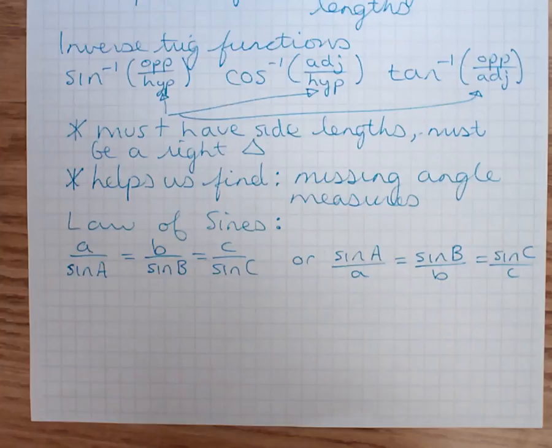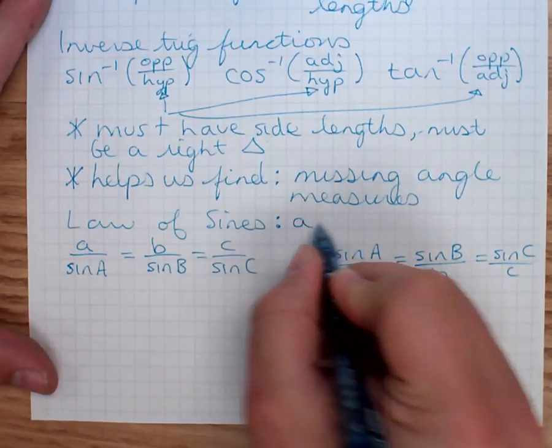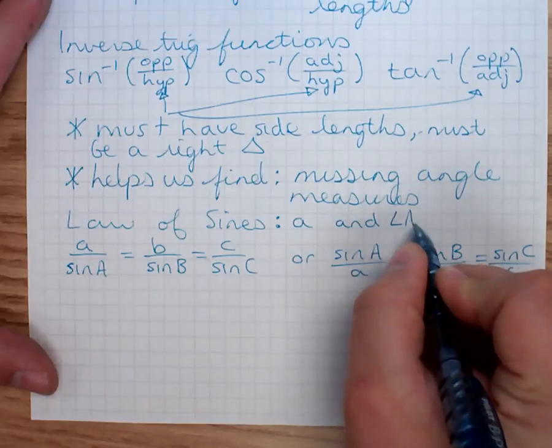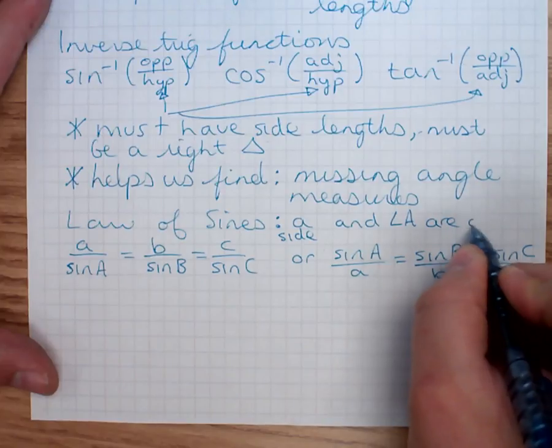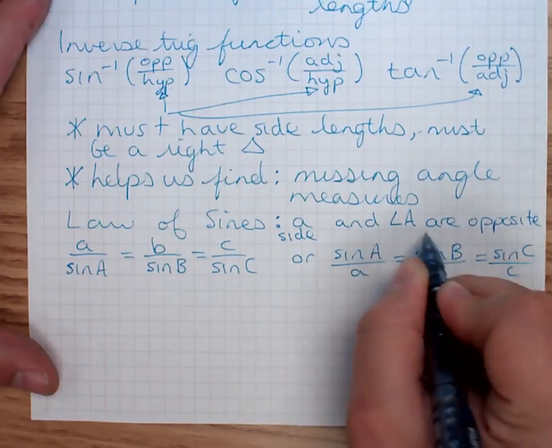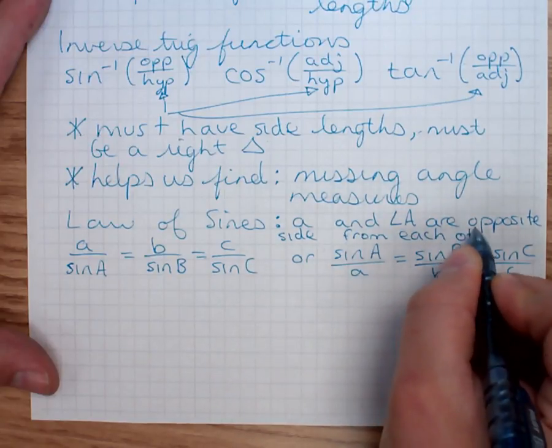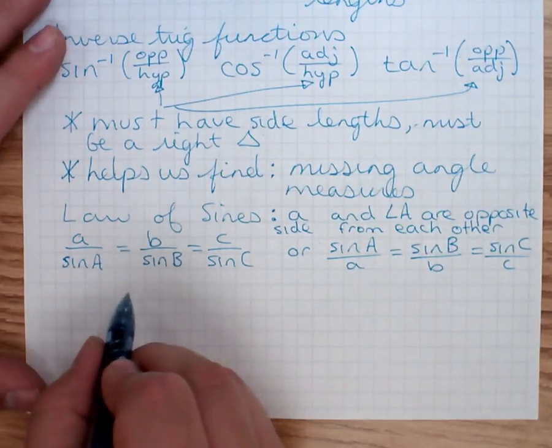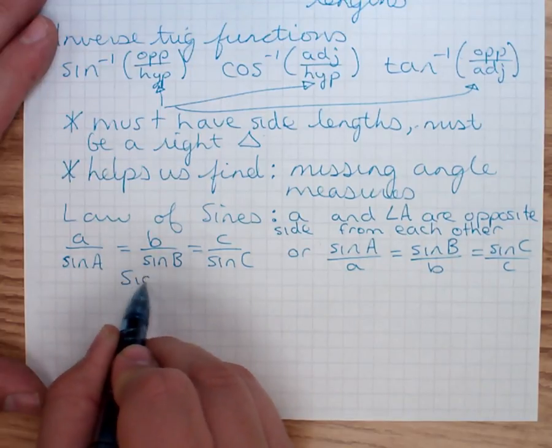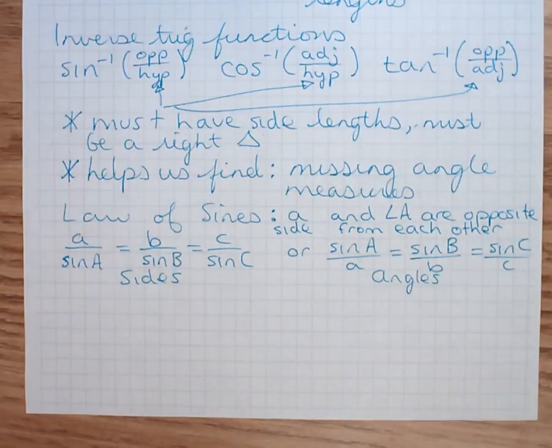They have to be matched up. They have to be opposite from one another. So side A and angle A are opposite from each other, etc. So this type helps us find sides, while this type helps us find angles.